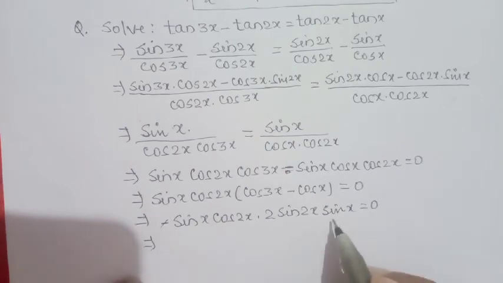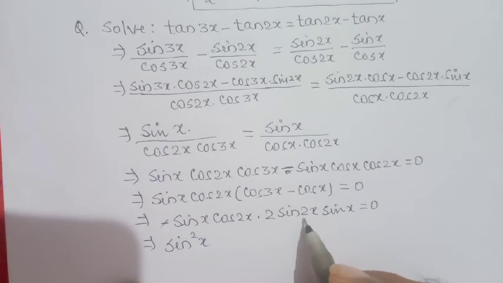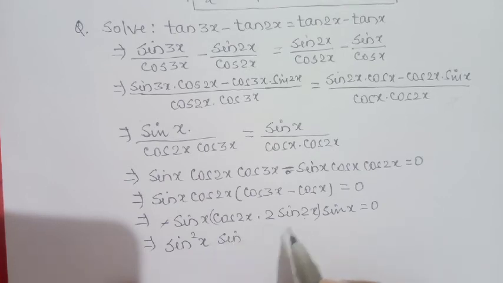Now see what the terms are. Sin x into sin x becomes sin square x, and 2 sin 2x into cos 2x is according to the formula of sin 2 theta, 2 sin theta into cos theta. So sin 2 theta means sin of 2 into 2x, that is sin 4x, equal to 0.